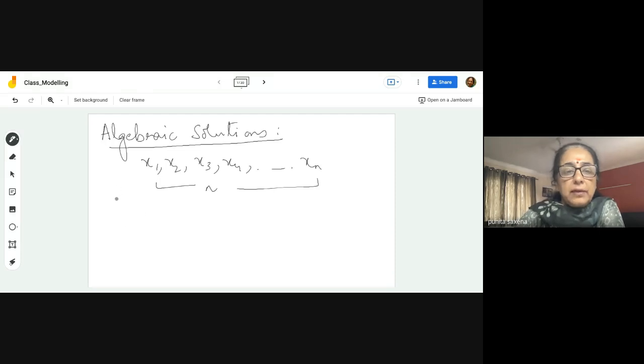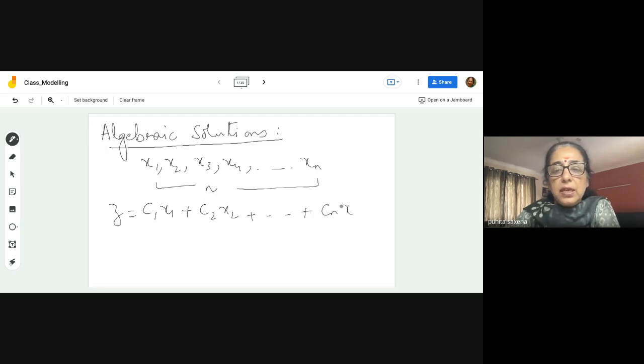So now I'll write my objective function. The objective function was a linear combination of these variables. So I'm taking them as Cj's: C1 X1, C2 X2, and so on and so forth, Cn Xn.